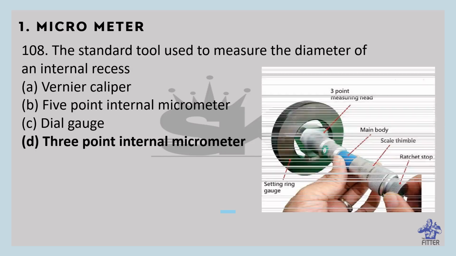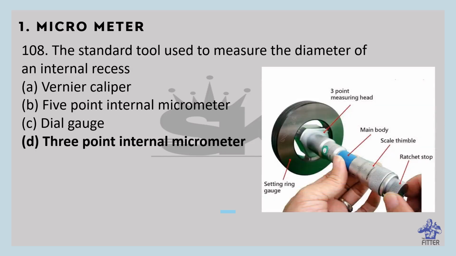Here in the image you can see the 3-point internal micrometer. So you can observe there are three heads here, and one main body, scale on thimble, ratchet stop, same. So it is used to measure the internal diameter.